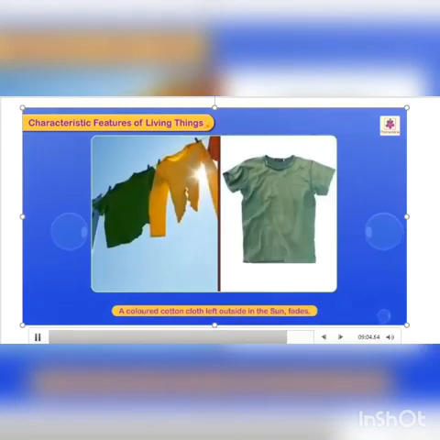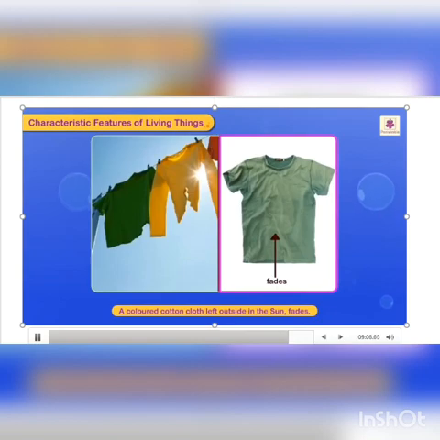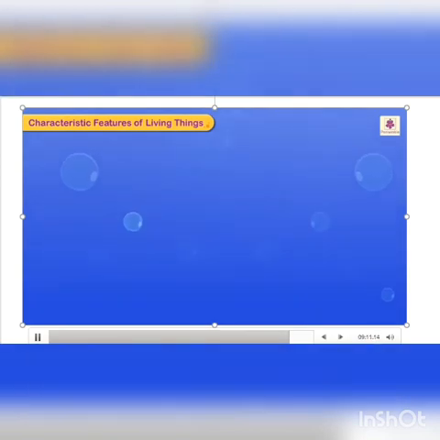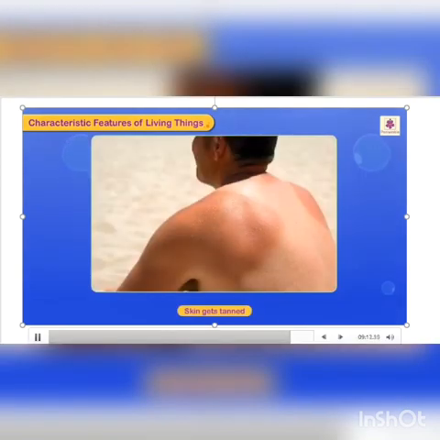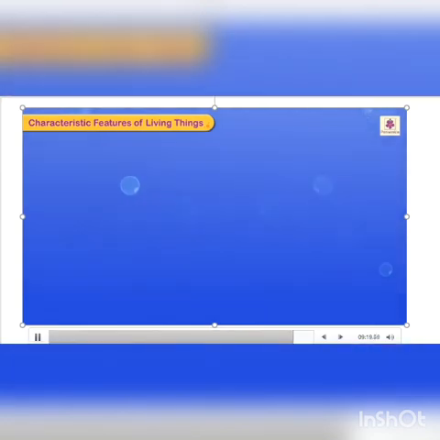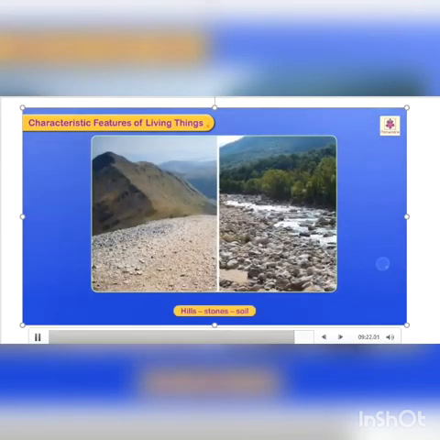A colored cotton cloth left outside in the sun fades. When you spend long hours under the sun, your skin gets tan. Hills break into stones and stones get powdered.